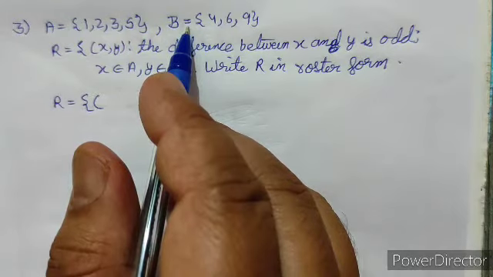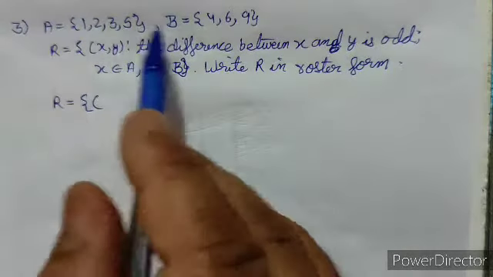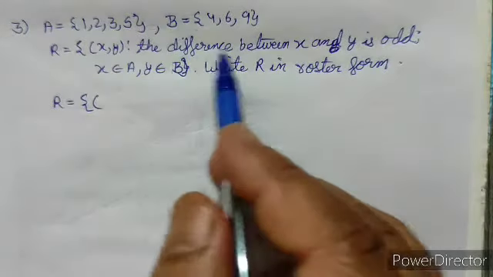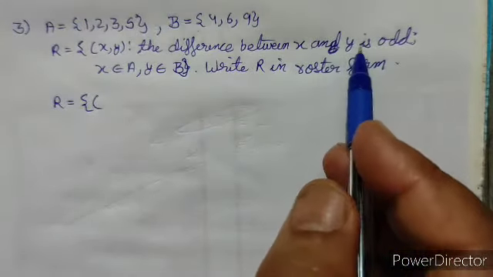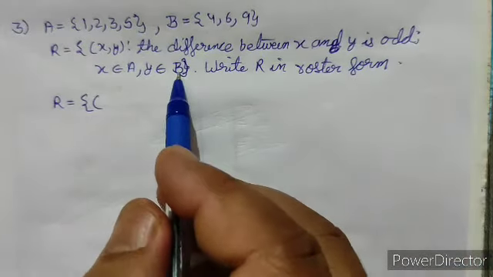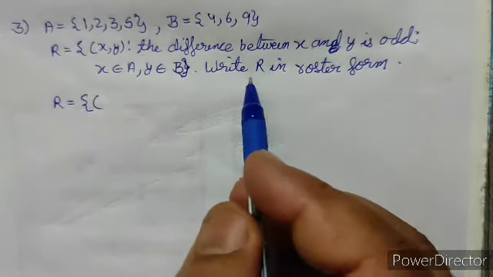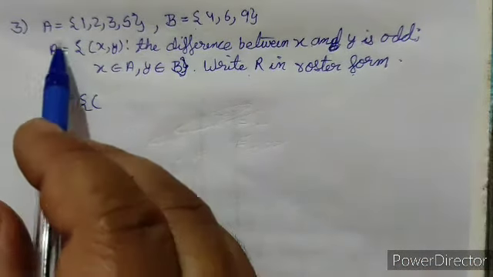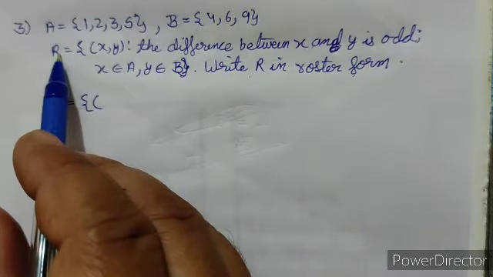In question number 3, sets A and B are given to us. We have to define a relation from set A to set B by R equal to {(x, y): the difference between x and y is odd, and x belongs to set A and y belongs to set B}. Write R in roster form. We have to write this relation R in roster form.